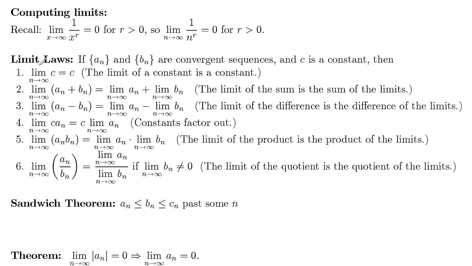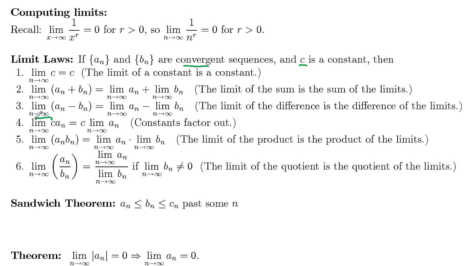And then all the familiar limit laws that apply to regular functions also apply to convergent sequences. So if a sub n and b sub n are convergent sequences and c is a constant, the limit of a constant is that constant. The limit of the sum is the sum of the two limits. The limit of the difference is the difference of the two limits.